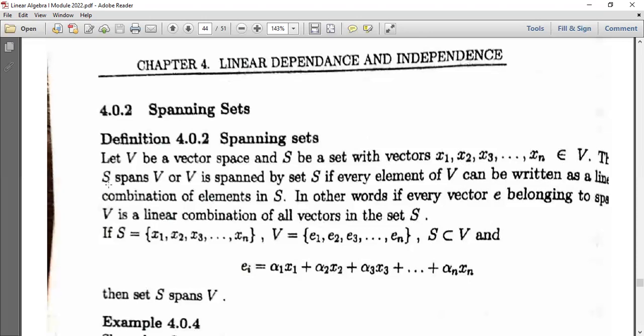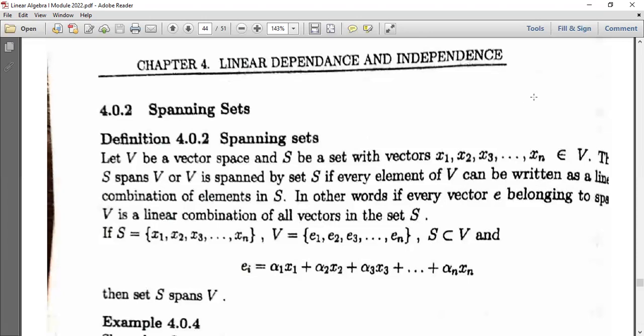We say S spans V, or V is spanned by S, if every element of V can be written as a linear combination of elements in S.